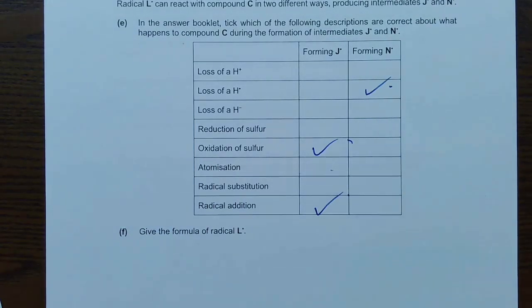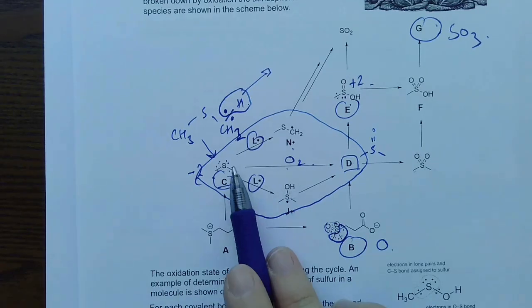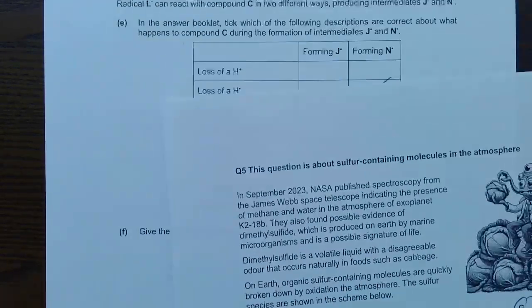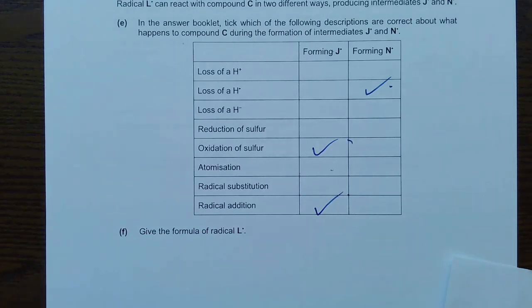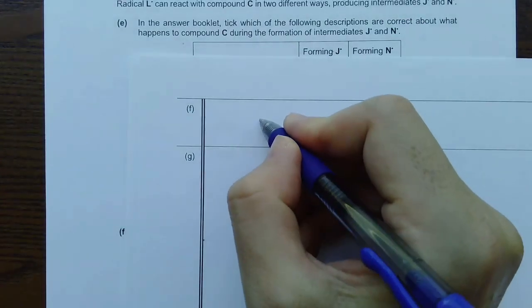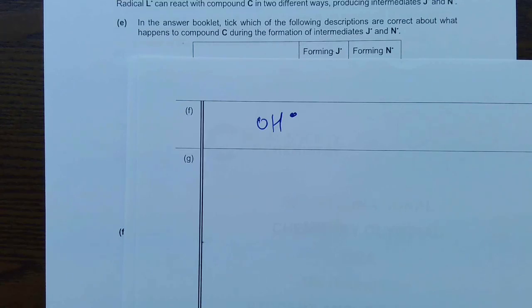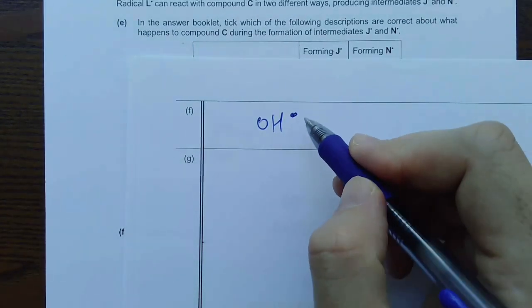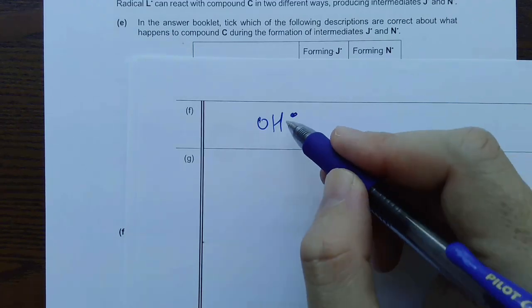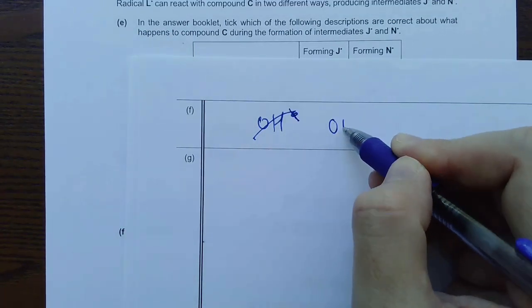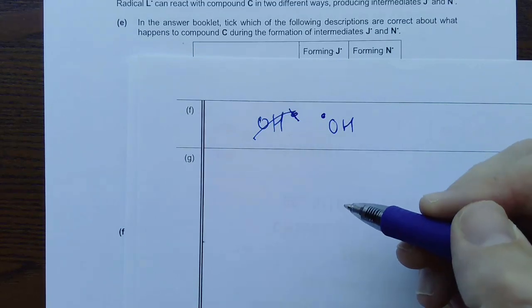Then give the formula of radical L, which I think is probably the easiest question we can have, because if I have this and I end up with this, it must just be the OH radical. With radicals, you're probably better off drawing it like that.